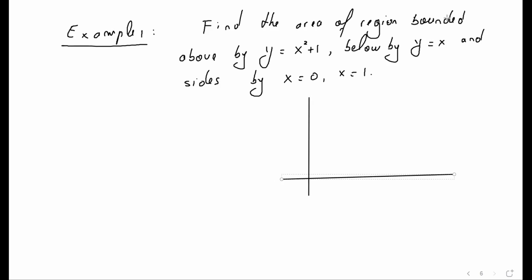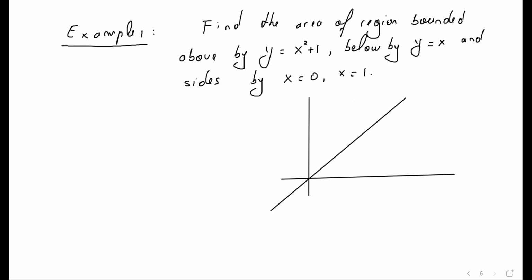First of all, I know what this is. y equals x is this kind of line. Hold on a second, why does it not give me a straight line? There we go. So that's y equals x, folks.